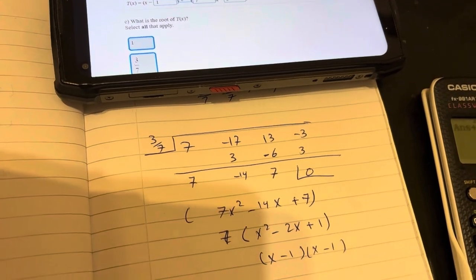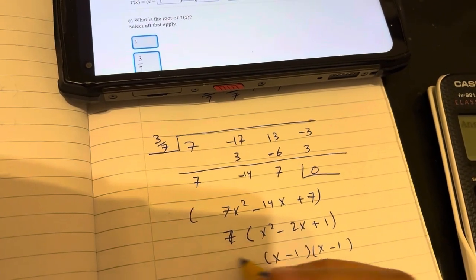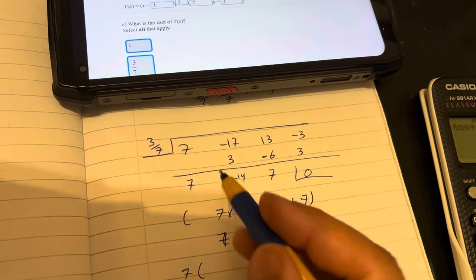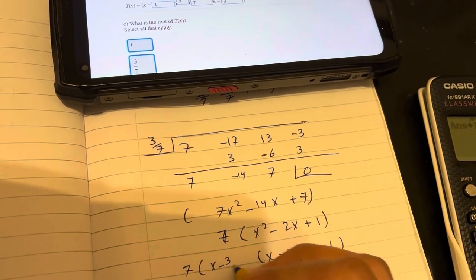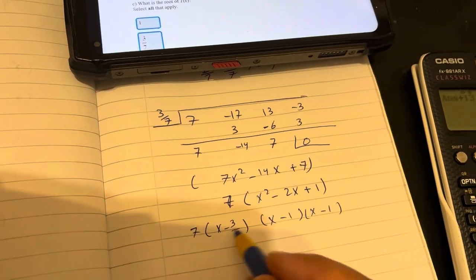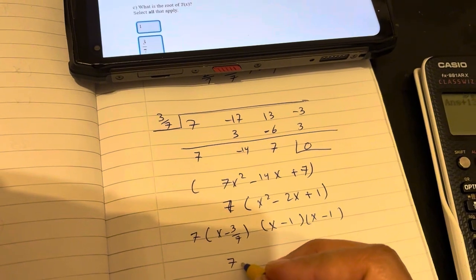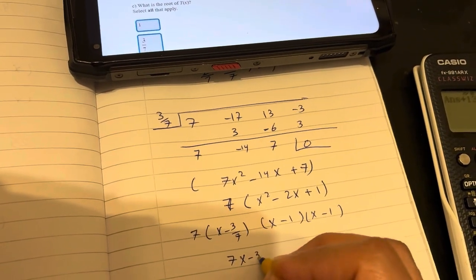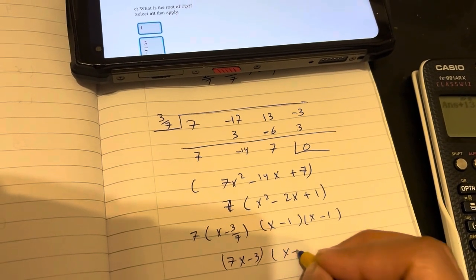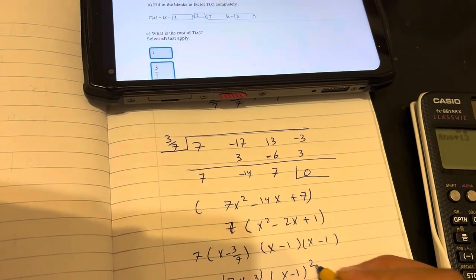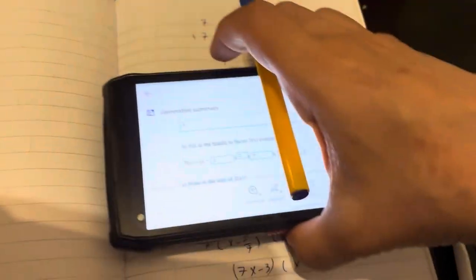So this is x minus 1 squared, and you already know 7 is here, and you have x minus 3 over 7. So multiplying this, you have 7x minus 3, one of the factors, and x minus 1 squared is another factor.